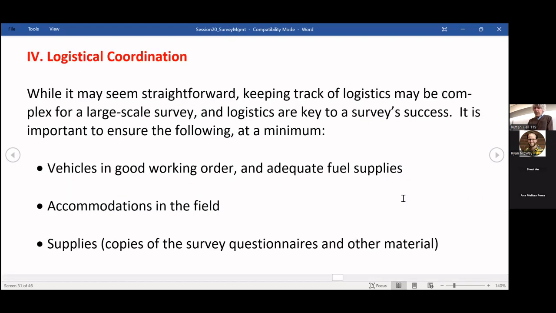Okay, logistics. There's a lot of logistical things that you need to keep track of. Transportation is a big one. Making sure, if you're in charge of these vehicles, that they're in good shape. Making sure you have money for fuel, and if the field teams are going to be out in the field for more than one day, they need to have lodging, meals, and so forth.